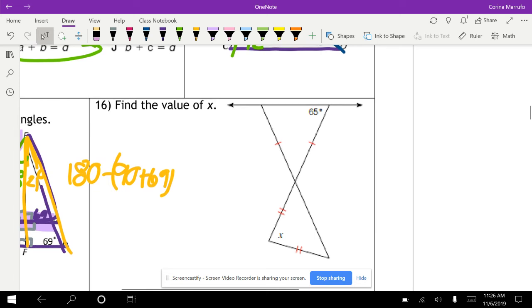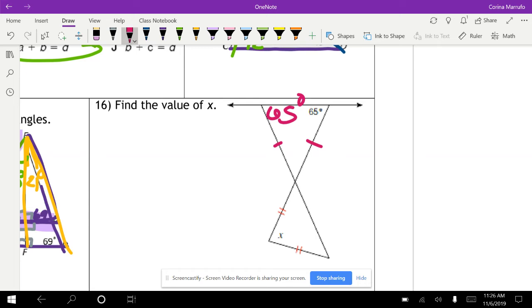All right, the next one. I want you to find the value of x. So they do tell us that these two sides are the same. So that means these two angles are both 65. So we're going to go ahead and do 180 minus the 65 plus the 65. And that gives us 50.